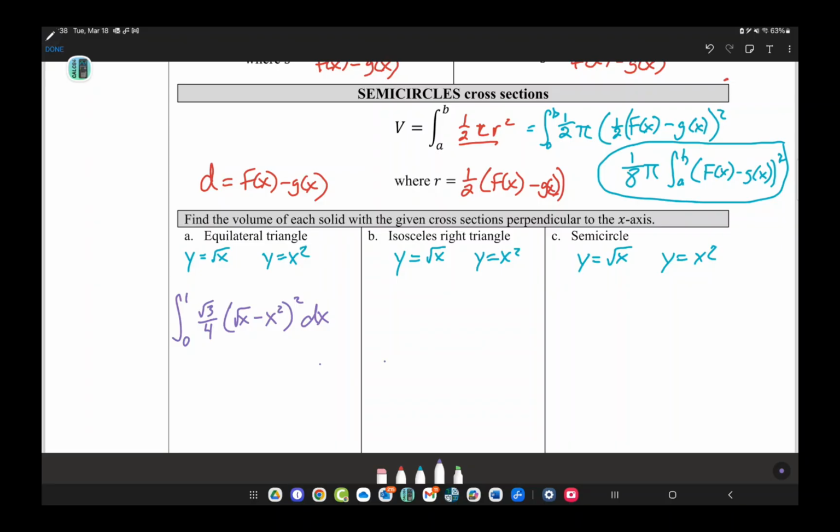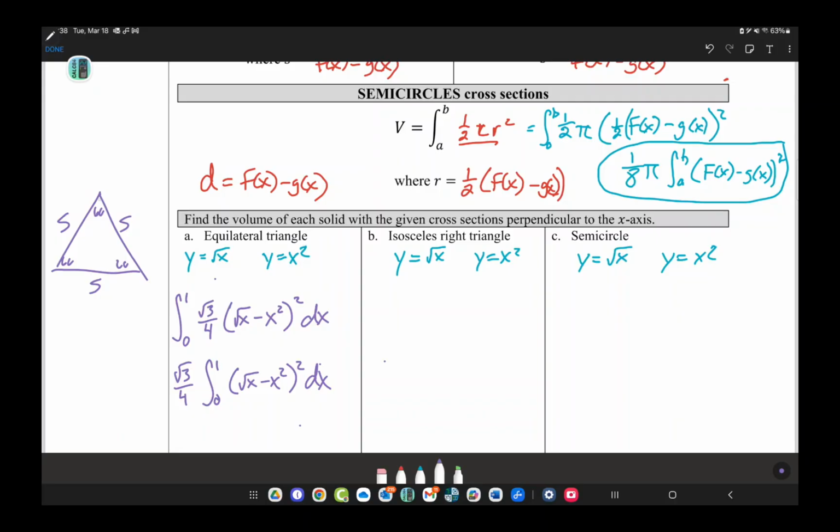dx. Now you can bring this outside, root 3 over 4, 0 to 1, if you want. If you remember, when you're given an equilateral triangle, 60, 60, 60, where all these are the same, s, s, s, how do you find the area of a triangle?